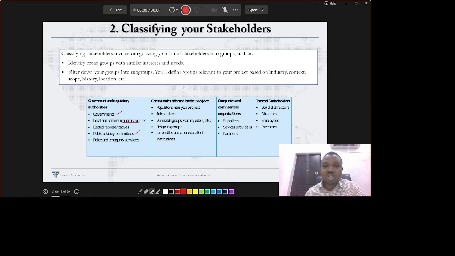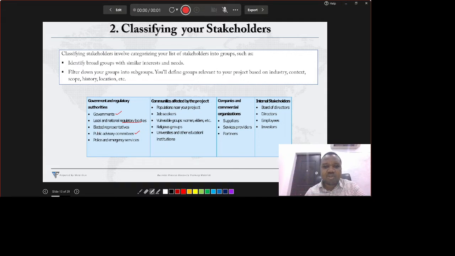So I'm able to then classify those stakeholders. Don't forget that the reason why you have to classify these stakeholders is that it aids your strategy of engagement. It allows you to engage them, maybe using the same strategy, or engaging them as an entity.